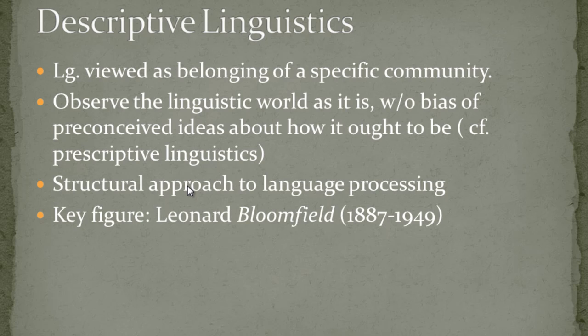Descriptive linguistics was very influential in the United States during the 19th century and also early 20th century, when American linguists tried to describe languages of native communities living in the United States, like the Red Indians, that's what they call them, especially local tribes. And later on, lots of tribes in Australia were also studied using the approaches and methodology of descriptive linguistics.